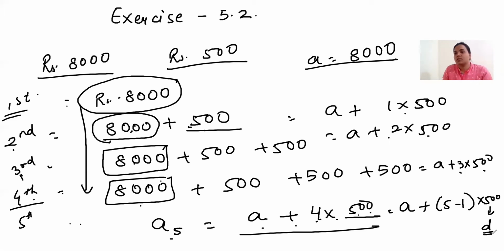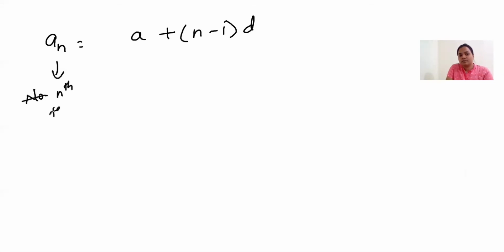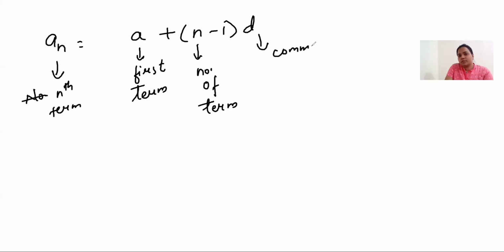So just by saying this, I can write the formula a_n is equal to a plus (n minus 1)d, where a_n is the nth term, a is the first term, n is the number of terms, and d is the common difference.